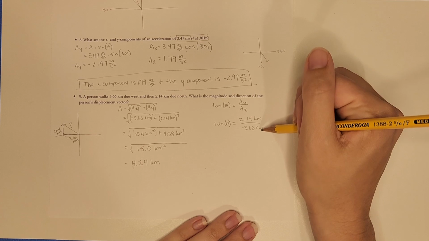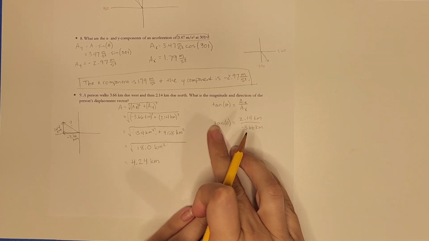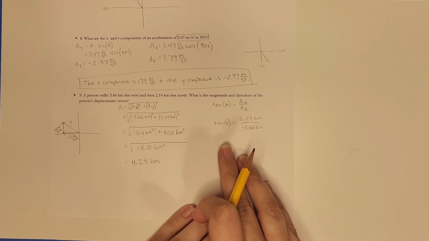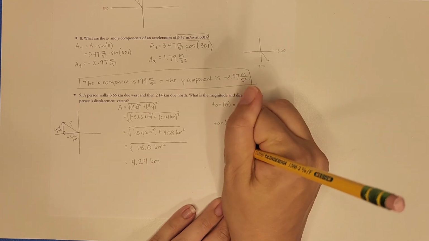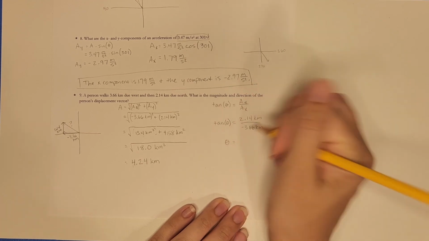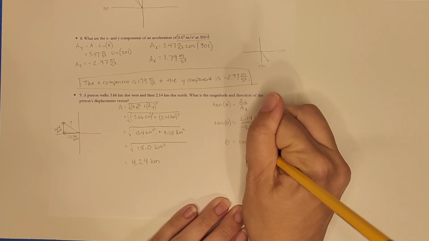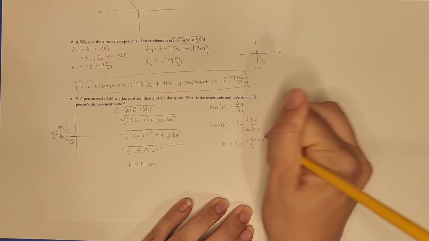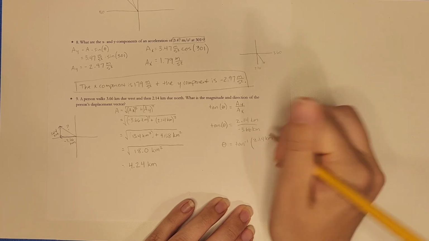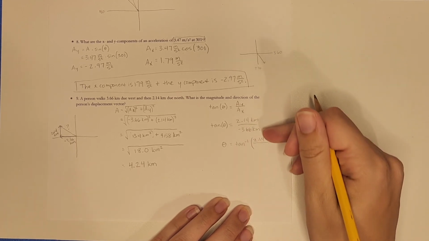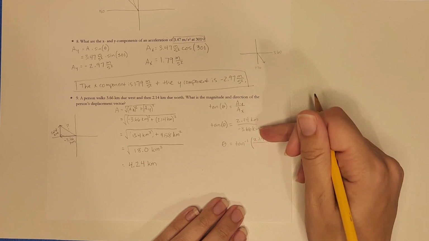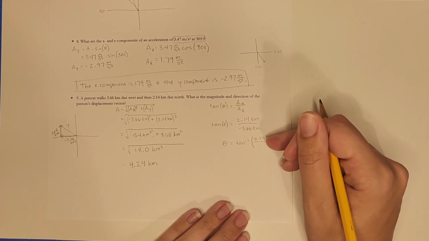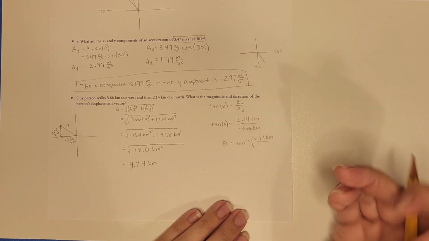Okay, and rather than divide this first, I like to go ahead and move my tangent over to the other side. And so I'm solving for, instead, my angle equals the inverse of tangent times that value. And the reason why I do that is because you're going to want to go out way more decimal places than you actually need to for significant figures here, because tangent, sine, cosine, they're all so affected by the very smallest decimal places.